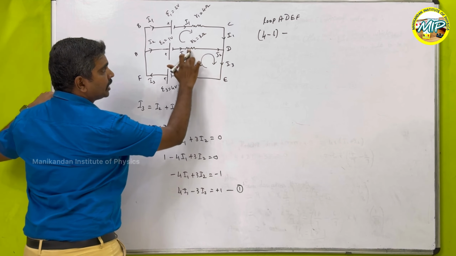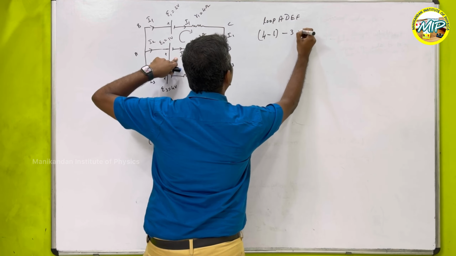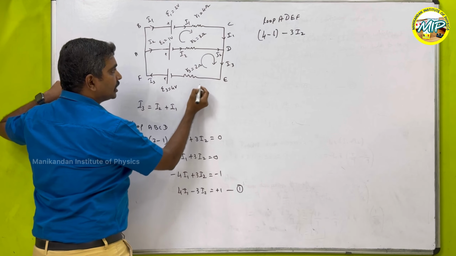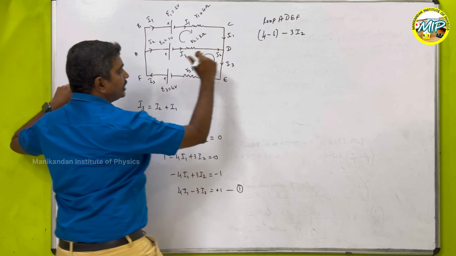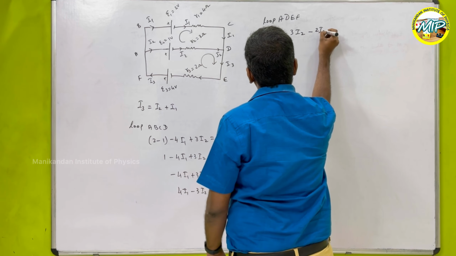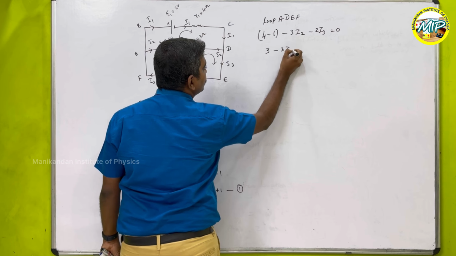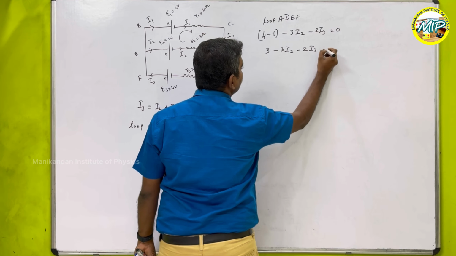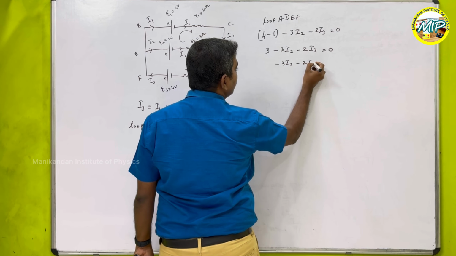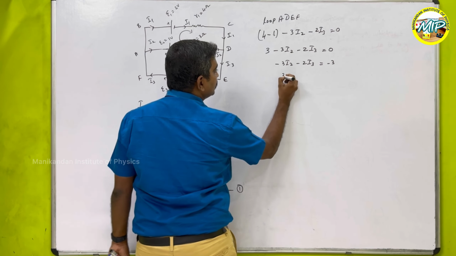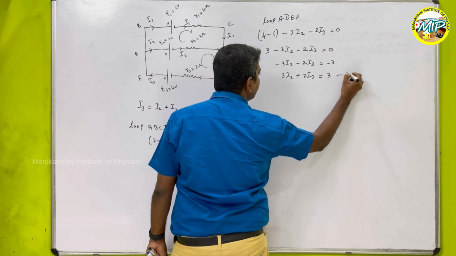Here the loop direction and current direction are the same, so I have to use a negative sign: minus 3 into I2. Here the loop direction and current direction are also the same, so minus 2 into I3 equals 0. So it's 3 minus 3I2 minus 2I3 equals 0. So minus 3I2 minus 2I3 equals minus 3, so 3I2 plus 2I3 equals 3. This is my equation 2.